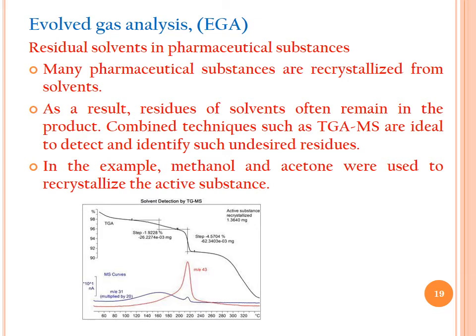Now let's see the evolved gas analysis, some practical examples. For example, the residual solvent in pharmaceutical substances. Various types of solvents are used in the preparation of pharmaceutical products like medicines and drugs.